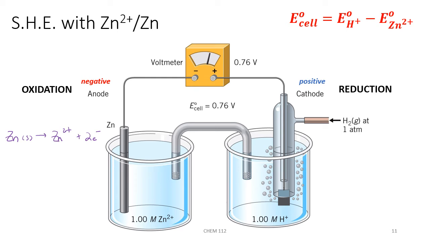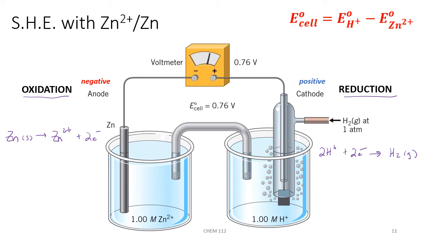So our half reaction for our reduction of hydrogen is going to be 2H+ plus 2 electrons forming H2 gas. So we took our hydrogen that had a +1 charge down to a gas which has a 0 charge. So it was reduced. And that's at the cathode. Oxidation is still at the anode. Everything we learned about the signs is still true.